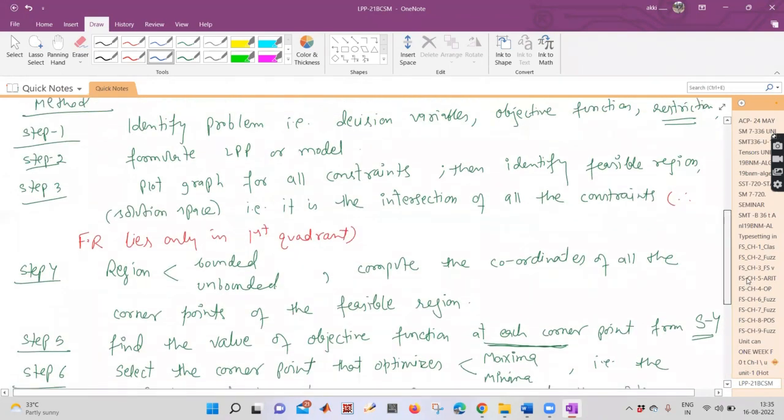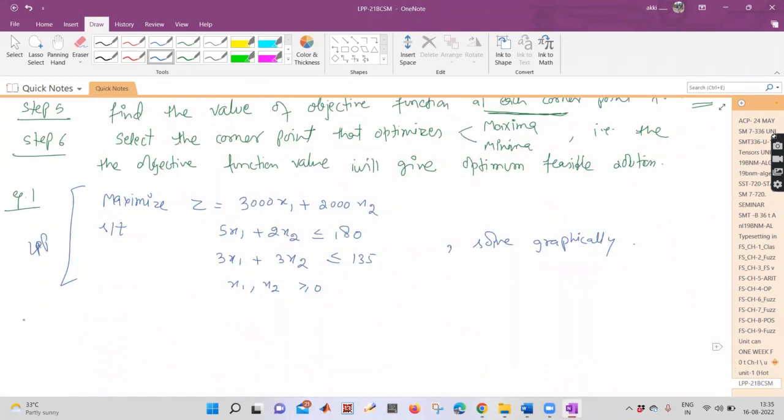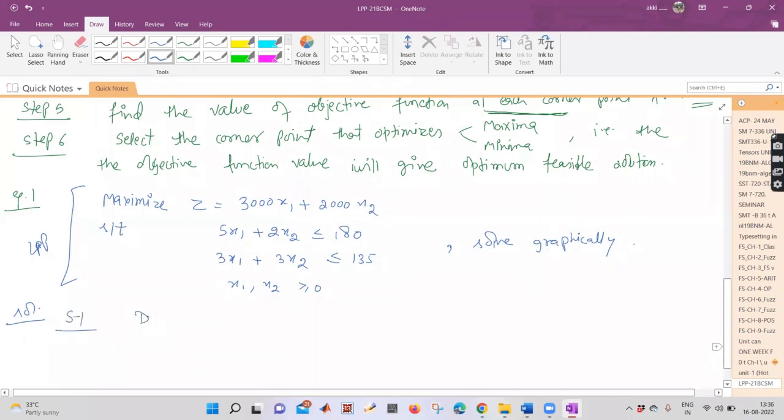So now you recall your first step. Our first step is you identify decision variable, objective function, restriction. So according to step 1, your decision variables are, tell me side by side, everyone.